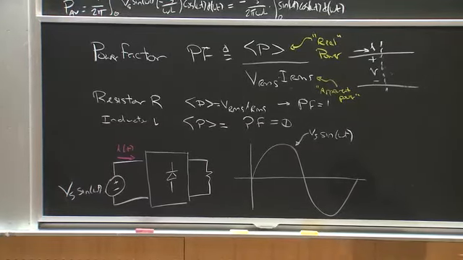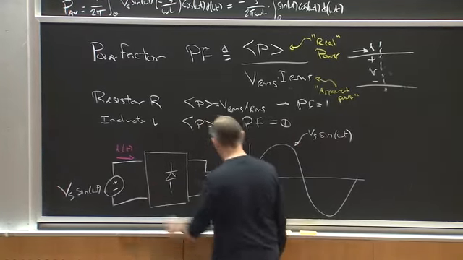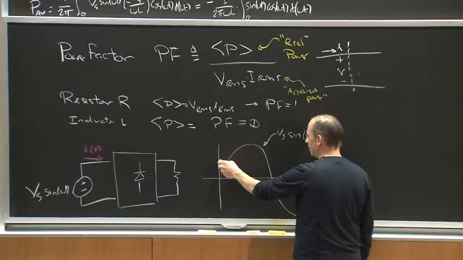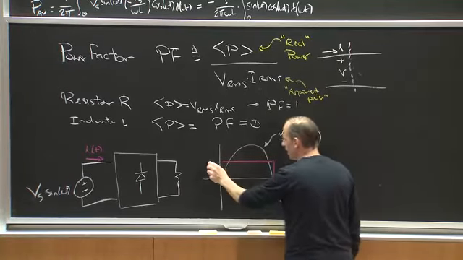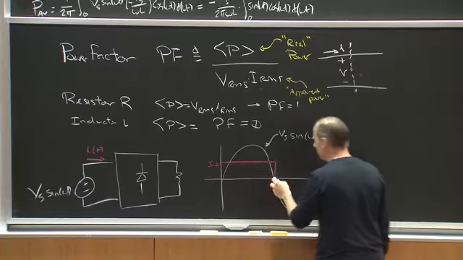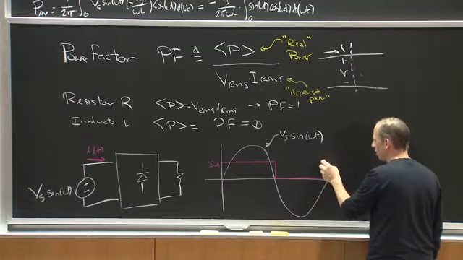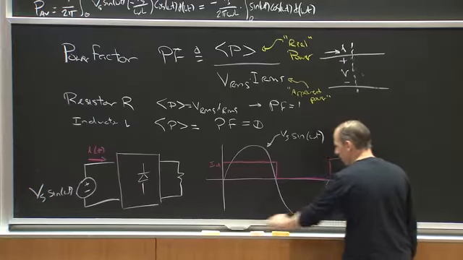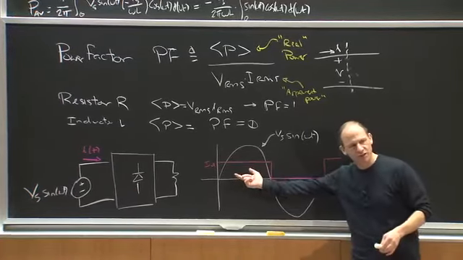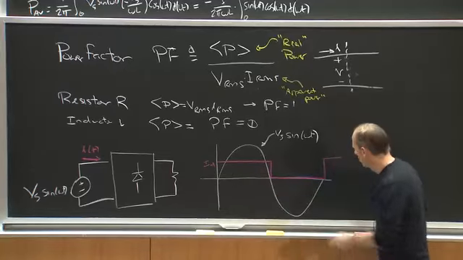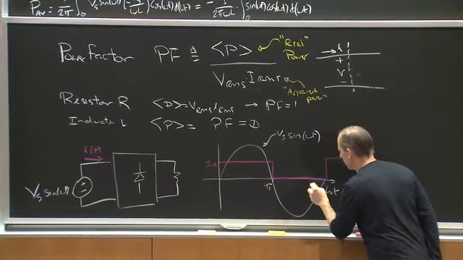If we took the half-wave rectifier from last time and asked what the line current looks like, it would look like this. In the positive half of the line cycle, it would give me some current I sub D, and in the second half of the line cycle, it would give me 0. So I'd be drawing a square wave with an offset, which is particularly horrible. Here is omega t, this is pi, and this is 2 pi.